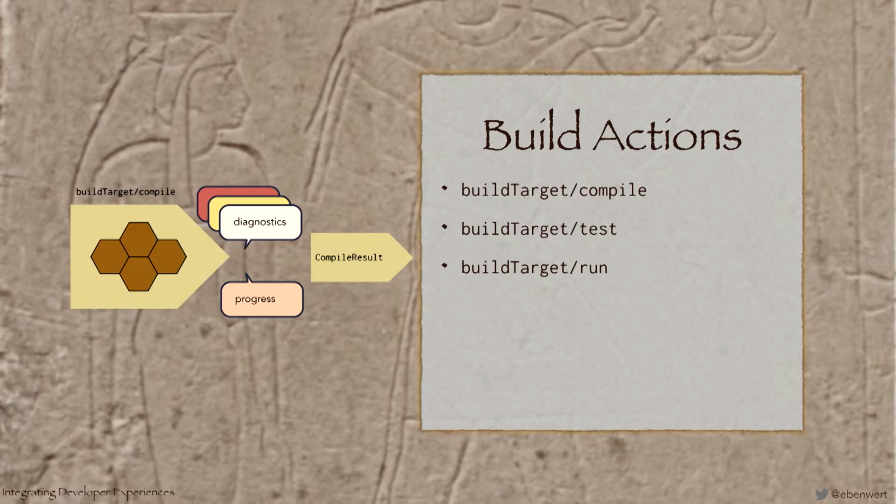So the way this typically happens is, you send off a build target compile request with a bunch of targets that you want to compile. The build server will hopefully compile it successfully and eventually deliver a compile result.